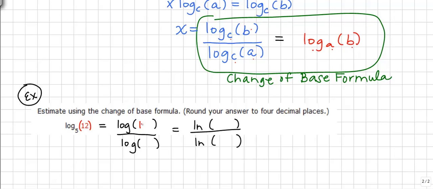So it's log base 10 of 12 over log base 10 of 5, or natural log of 12 over natural log of 5. Or if I do the calculation for either one of these, you will see that you get 1.54395 and some change, okay, which you could then round to 4 decimal places from there.